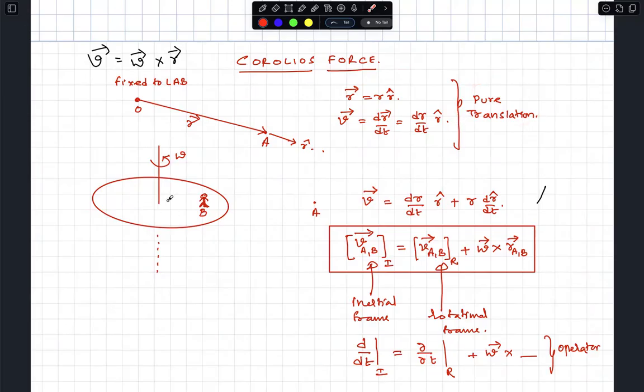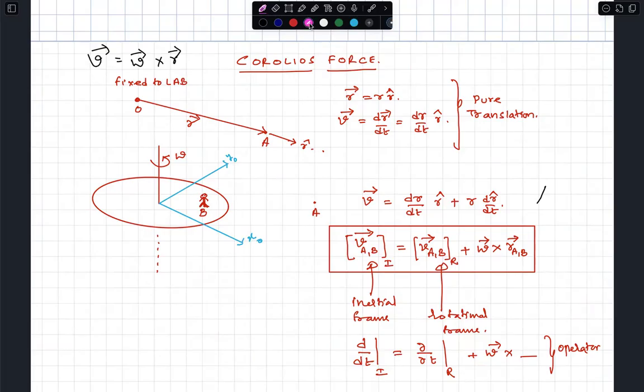Now imagine that at this instant, this is your x-axis. I intentionally wrote x naught to show that it is at t equal to 0, and y naught likewise.